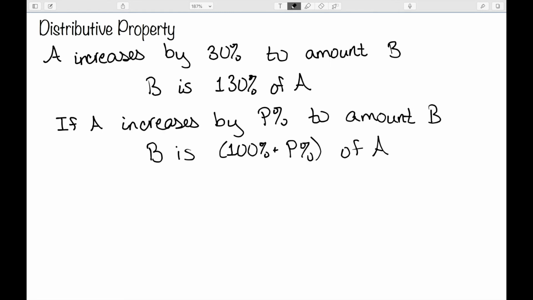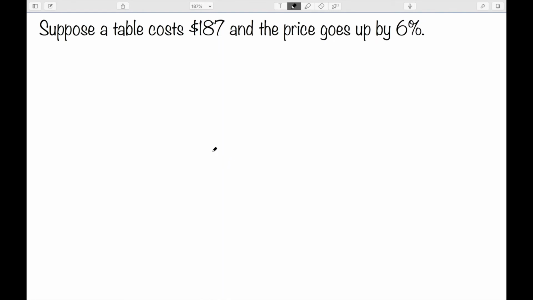More generically, if A increases by P% to amount B, then B is 100% plus P% of A. So what we're saying is, let's suppose the table costs $187 and the price goes up by 6%.